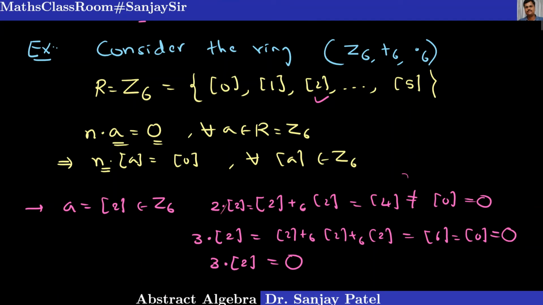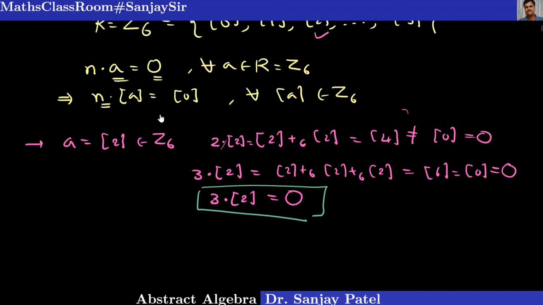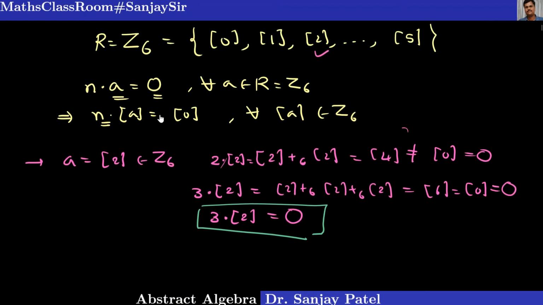So that is my one observation. For one element, class 2 belonging to Z6, I am getting 3 times that element class 2 equal to 0. But this 3 may not work for the other elements. Let me now take a equal to class 1 belonging to Z6.